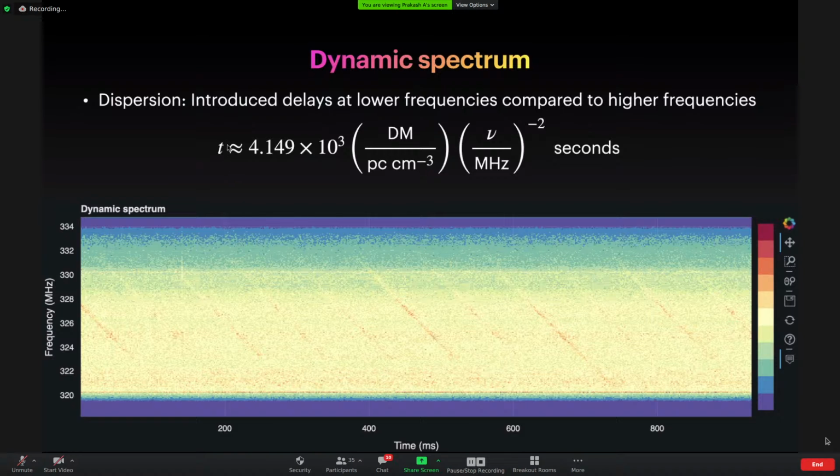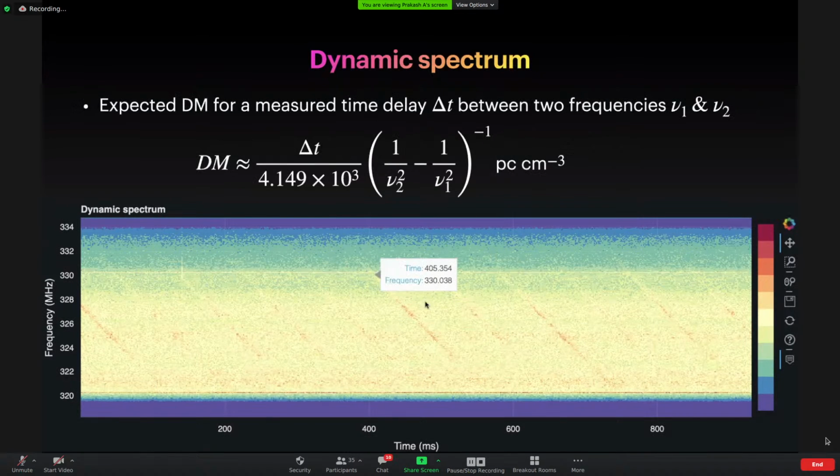And all we are doing is subtracting one from the other. So you have two expressions, and the values of nu1, nu2, t1, t2 can be obtained from the dynamic spectrum, or this matrix that you have. You'll get an approximate value from the dynamic spectrum, but that would be good enough for the initial step. So the delta t over here could be written as t1 minus t2.